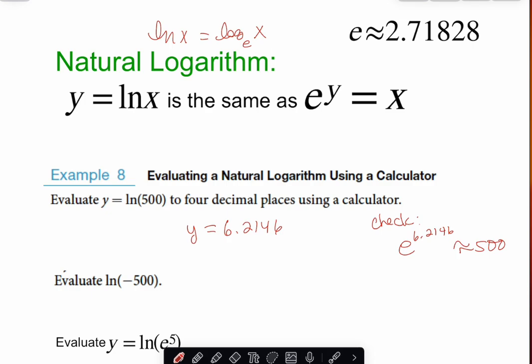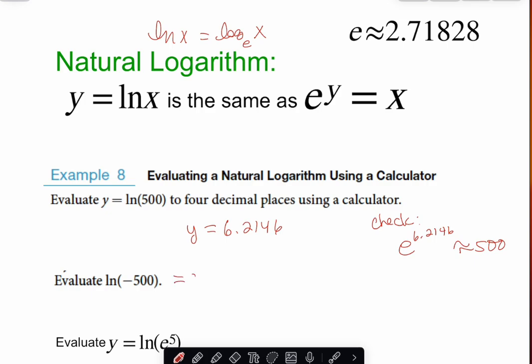Now, what's interesting about the second one, the natural log of negative 500, is, is there any power we could put on an e to turn it into a negative number? No, it doesn't work, right? So if you try to put this into your calculator, it will say domain error usually, is what it's going to say.